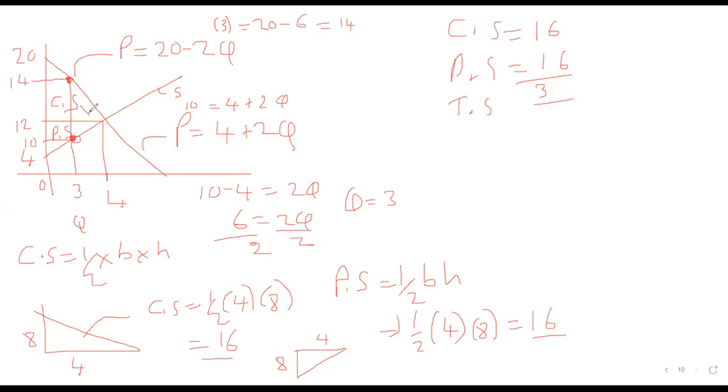So the deadweight loss is what we want to calculate, x and y. If we were to redraw this, the distance from 14 to 12 is 2. From 12 to 10 is another 2. Now the distance from 3 to 4, what is the distance? 1.